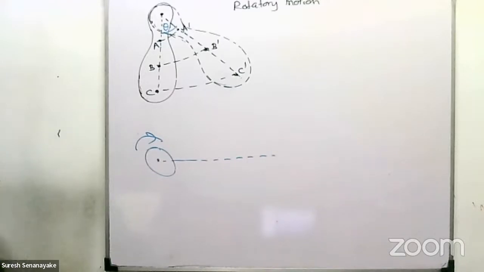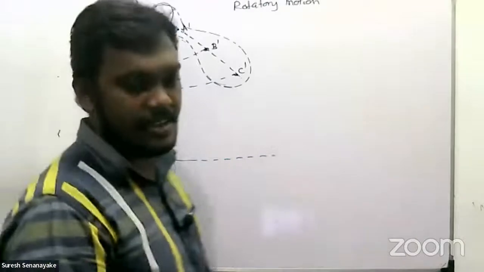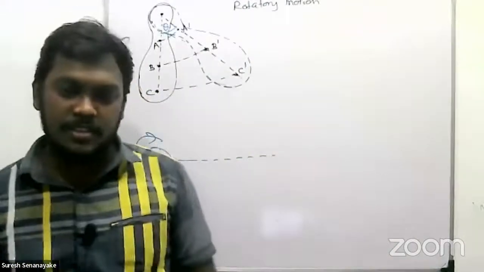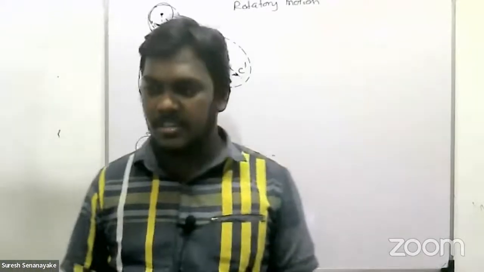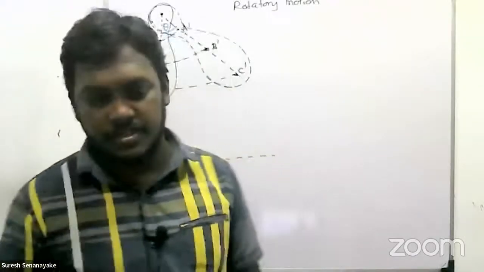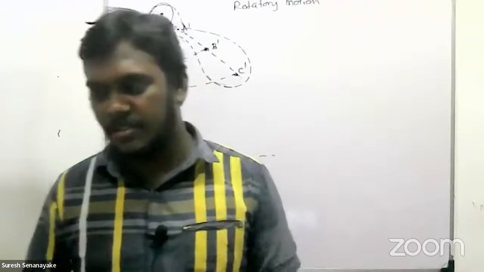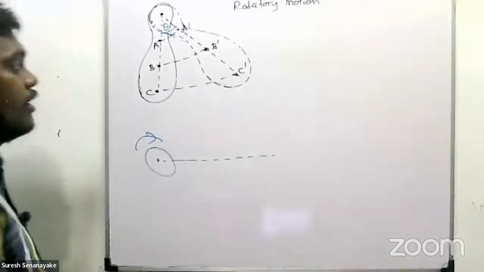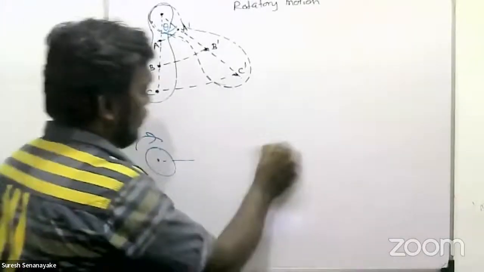That's angular displacement, angular velocity, angular acceleration, time period, frequency, angular frequency, and also the centripetal acceleration, that's centripetal force. So different terms we have to use there, right? So let's see what are the definitions of those. I'll erase this thing.